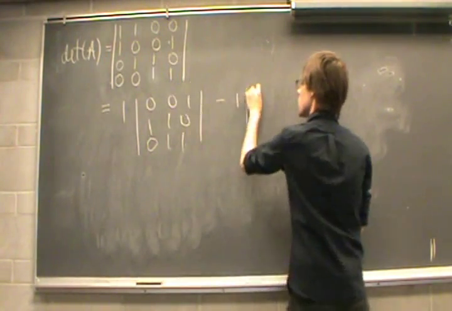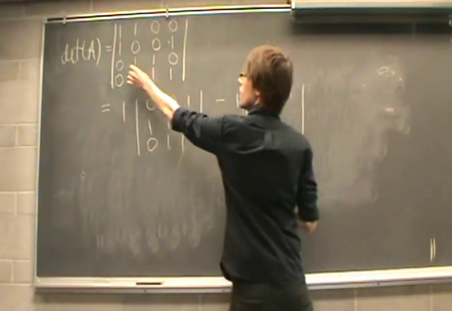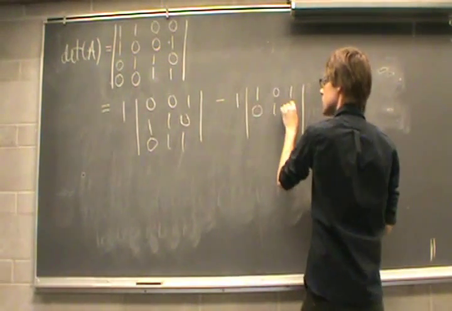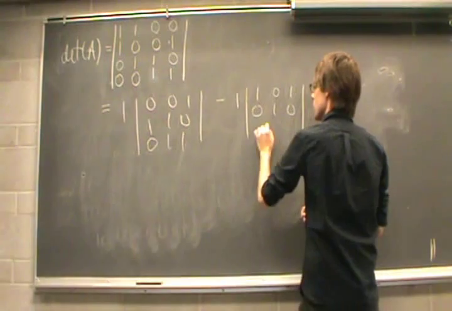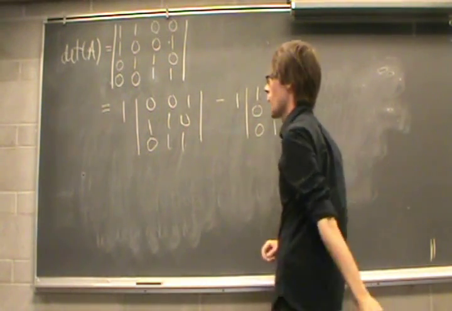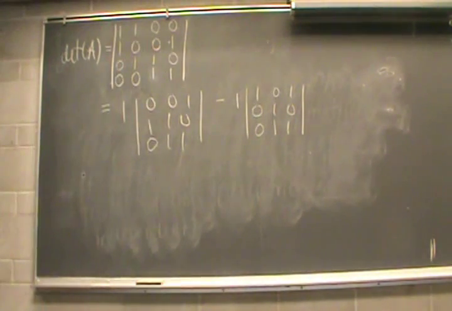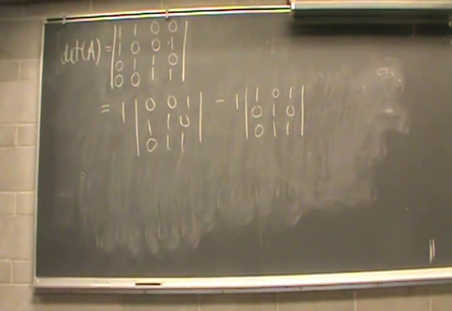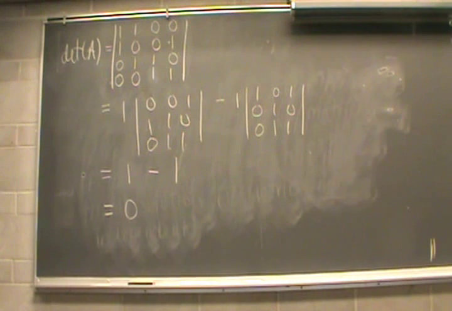So that's going to be this 1, 0, 1, 0, 1, 0, and 0, 1, 1. And then it's going to be up to you to evaluate those 3 by 3 determinants. Both of these 3 by 3 matrices give determinants equal to 1. So we will get 1 minus 1, for a determinant of A that is equal to 0.